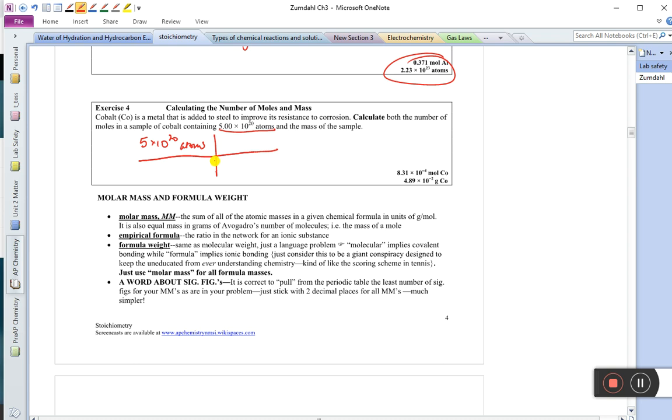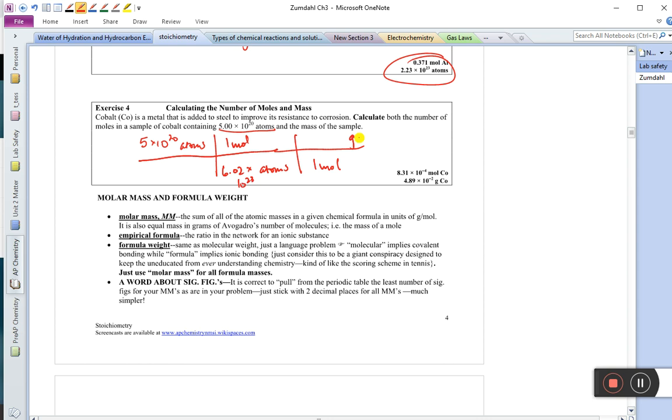All right. So again, this one's moles and grams. You can set the whole thing up and just do it in 2 steps in your calculator. I've got atoms top left, which means I need atoms bottom right. We know we have to try and get to moles. We know that 1 mole contains 6.02 times 10 to the 23rd atoms. If I've got moles here, I also need moles here.